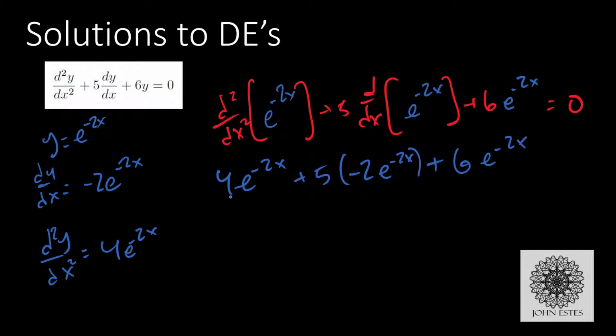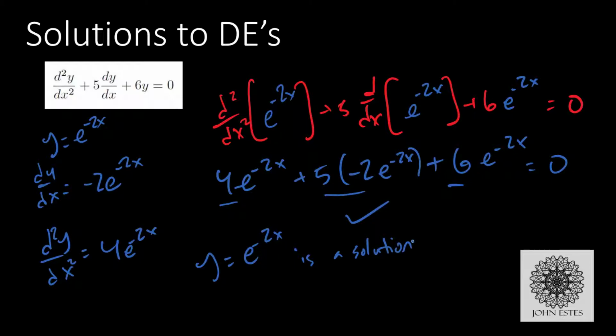If you notice, 4, negative 10, and 6 add up to give you 0. So here, y equals e to the negative 2x is a solution. On what interval? Well, this function is always continuous, so we can say on negative infinity to positive infinity would work.